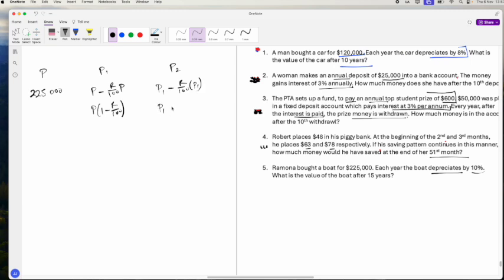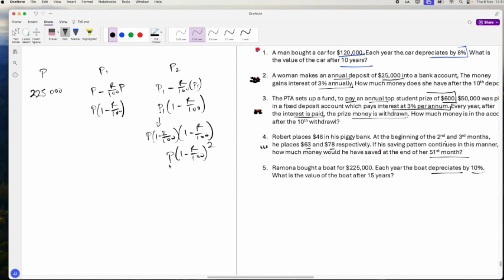And of course, I could factor out the P1 there to give me 1 minus R over 100. And P1 is really P into 1 minus R over 100 times 1 minus R over 100. So now we have P into 1 minus R over 100 all squared.